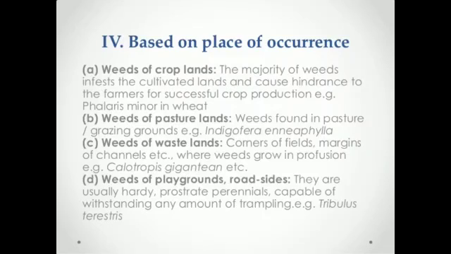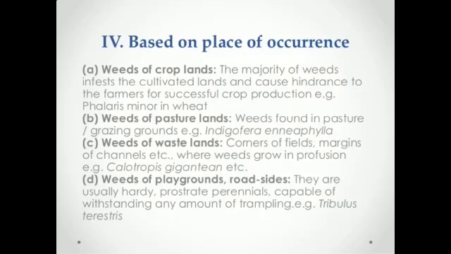Then weeds of pasture land, weeds found in pasture land and grazing land. Example like Indigofera enneaphylla. Then weeds of wasteland, the weeds that grow in corners of fields and margins of channels, where weeds grow in profusion. Their example is Calotropis gigantea.